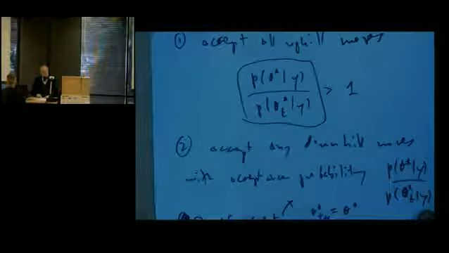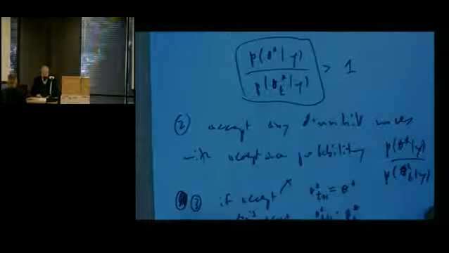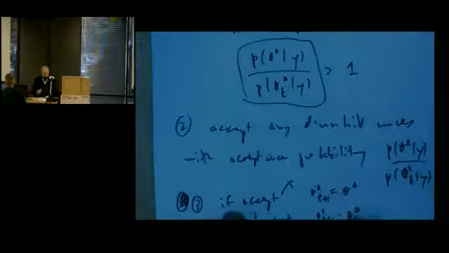I think I can argue to you intuitively that it's good to accept all the uphill moves. And I think you would agree with me that you should not accept all the downhill moves because you'd end up overweighting the tails too much. And it makes sense then to accept the downhill moves with a probability proportional to how much downhill they are. That makes sense too. But now this is the real strange part. If you accept, then of course the next draw is where you thought you were trying to go.